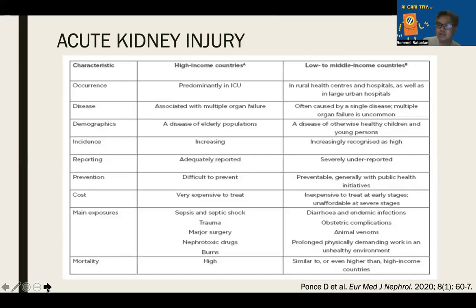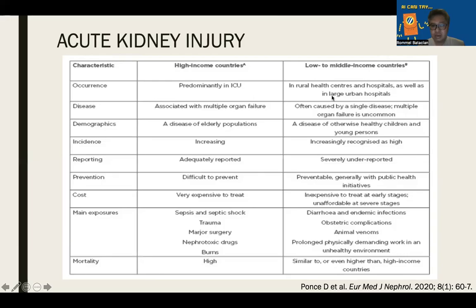There are some differences in the clinical picture among high income or developed countries and in low to middle income countries such as our country. In the developed countries, it's primarily in the intensive care unit or critical care cases.